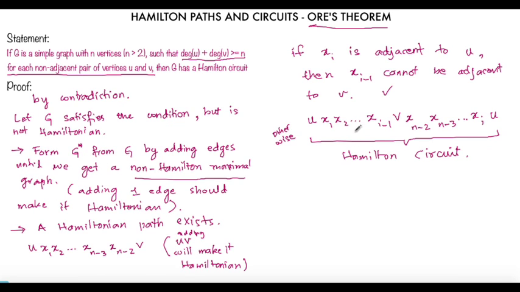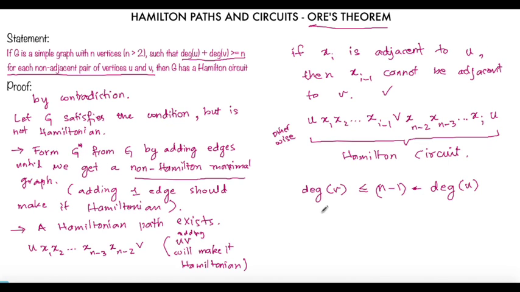Now what does this statement mean? This statement means that the degree of v, which is obviously less than n minus 1 because there are n vertices and it's a simple graph without any loops, has another constraint: it cannot have this many more nodes, because how many xi's are possibly adjacent to u?